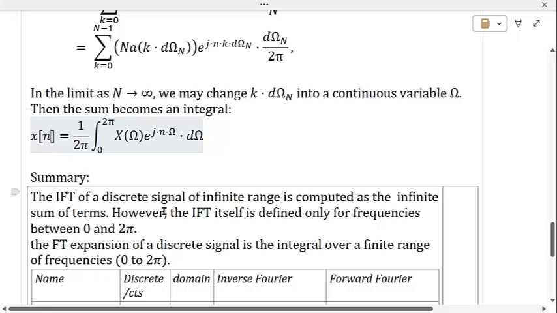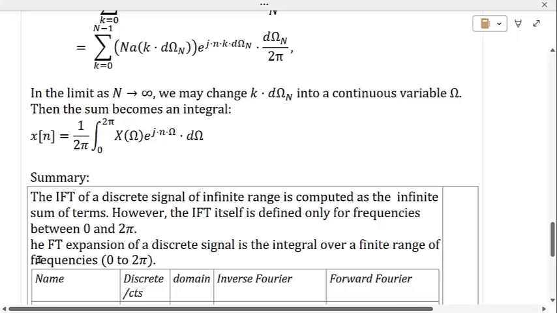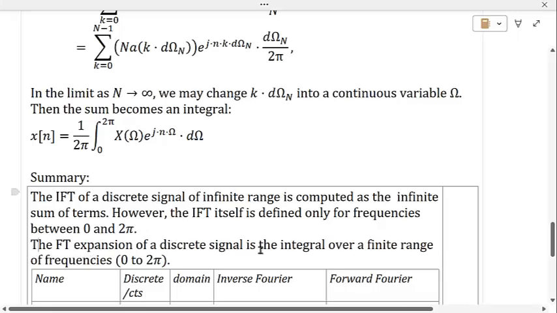So this is an infinite sum to compute it, but the value of the function is only defined between 0 and 2 pi. And the Fourier transform expansion of a discrete signal is the integral over a finite range of frequencies. Okay. And this is because the frequency components are limited between 0 and 2 pi. Remember that that is because of aliasing.